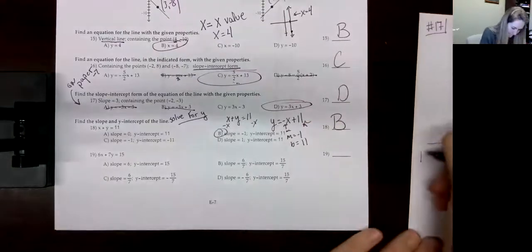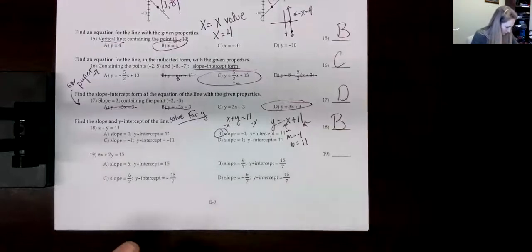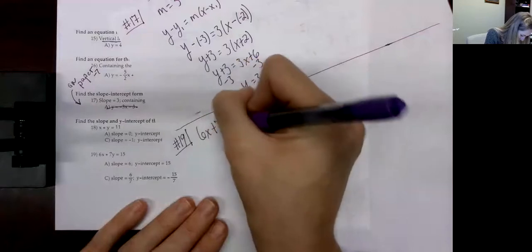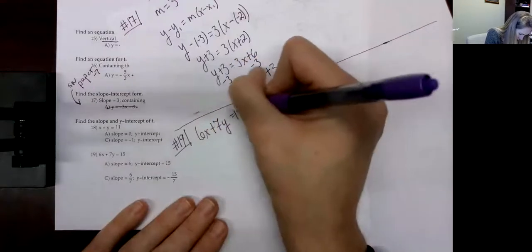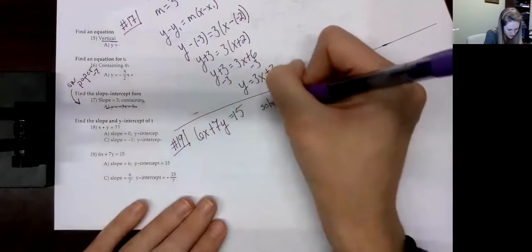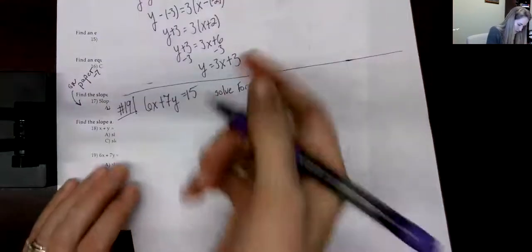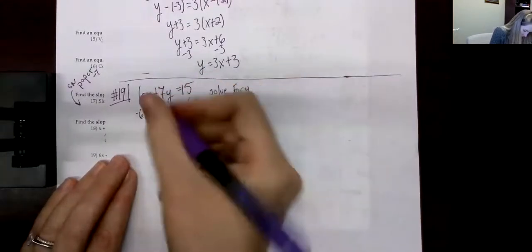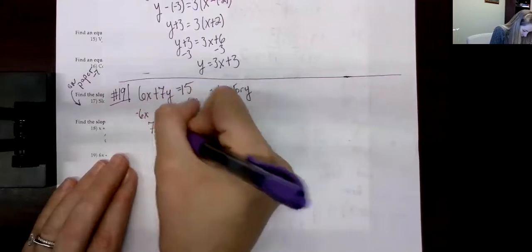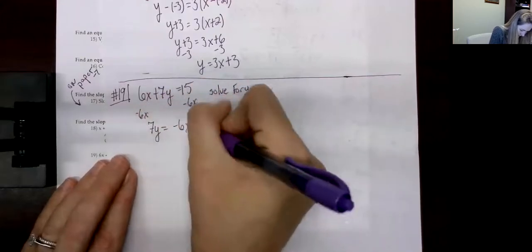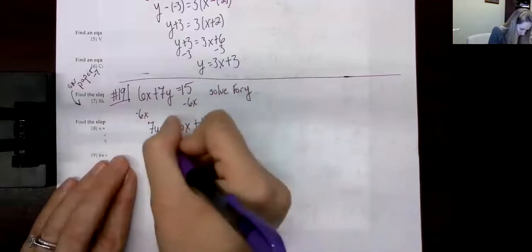19. We have 6x plus 7y equals 15. Solve for y first. So we're going to subtract 6x. Remember, you cannot combine those. They're not the same thing. So I have negative 6x plus 15.